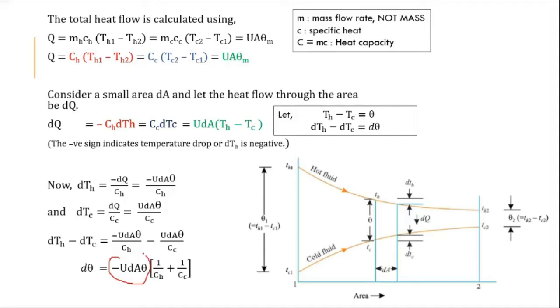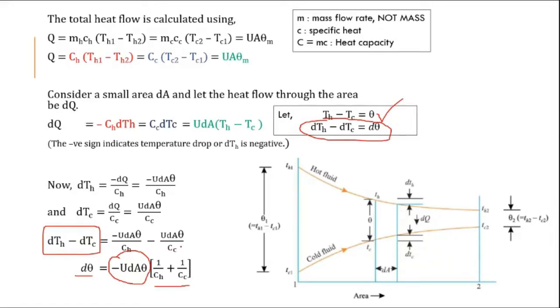Inside the bracket, we have 1 by C_h plus 1 by C_c. On the other side, we were getting dT_h minus dT_c. The term T_h minus T_c we had taken as theta. So dT_h minus dT_c will be equal to d theta. So we get d theta is equal to minus U dA theta, whole multiplied by (1 by C_h plus 1 by C_c).